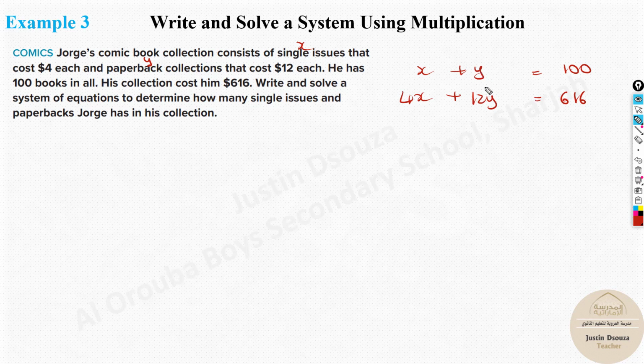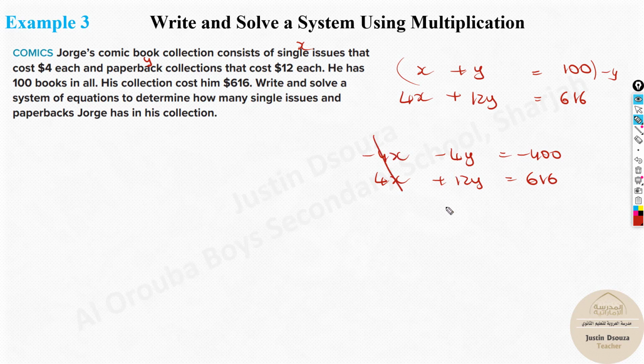Now we have to just solve this up. Now you can see if I multiply the above equation by -4, it will be much easier because then I can eliminate the first term. So all I do is I'll multiply this by -4. So I'll have minus 4x, sorry, it's not plus, it'll be minus throughout, minus 4y equals -400. The below equation remains the same so that we can eliminate the variable x.